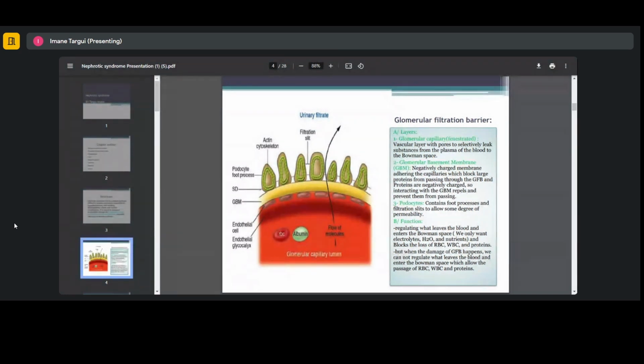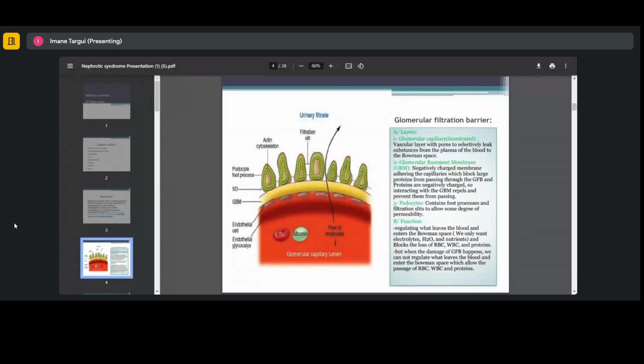As we know, this layer is negatively charged, and proteins are also negative in charge. So they prevent the passing of proteins from the capillaries.